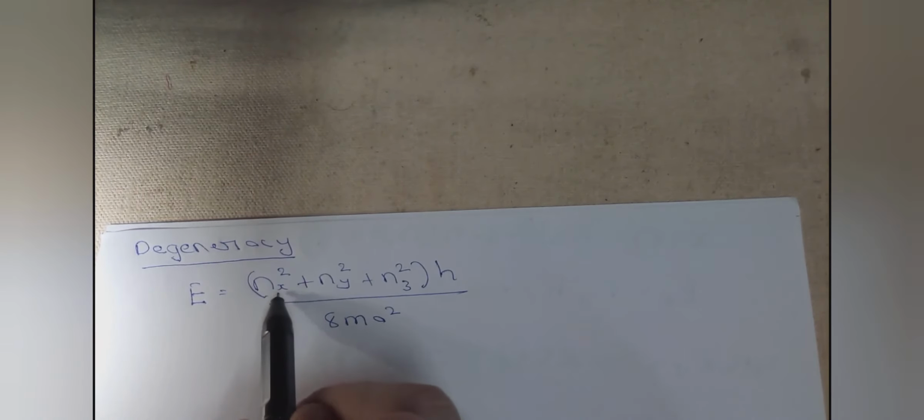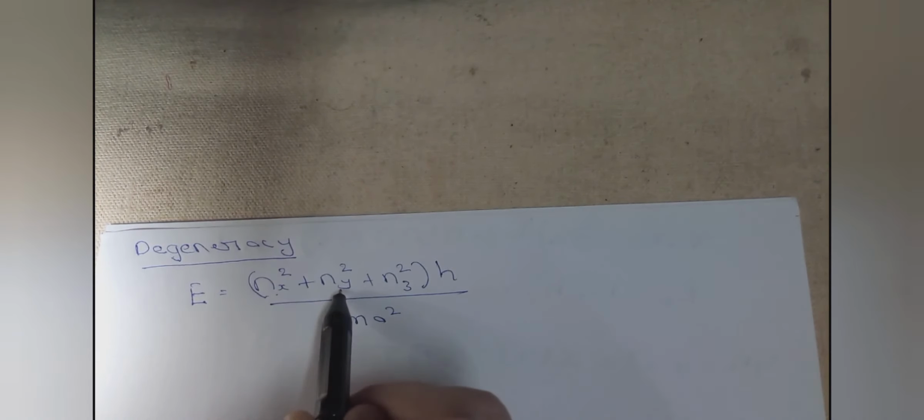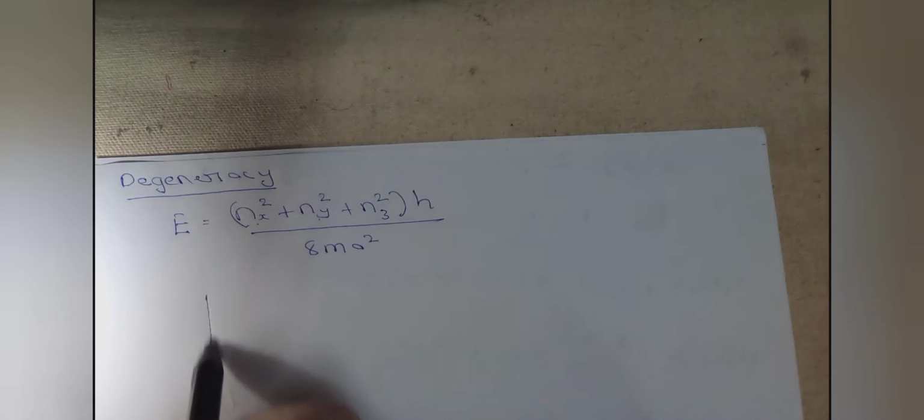Now we have three different quantum numbers here, nx, ny, nz. So the energy can be like this.